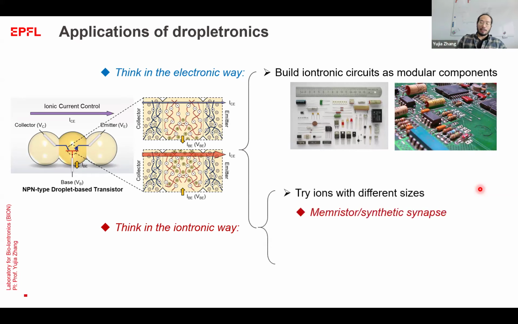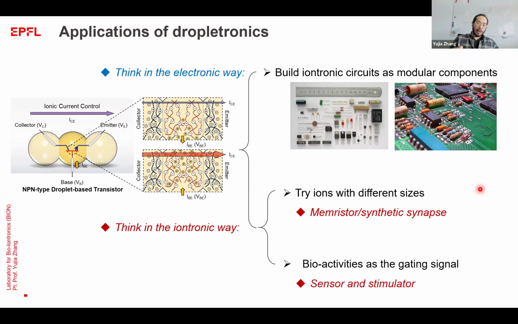But more importantly, for myself, it is to think in the iontronic way, which is, can we try ions? Because ions have so many different species and differentiabilities. Can we try ions with different sizes or even different ions? And also, can we use biosignals as the gating signals to modulate the middle droplet? Because biology also uses ions as the signal carriers.